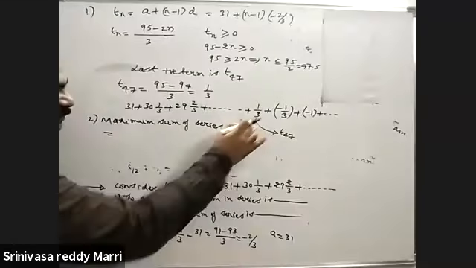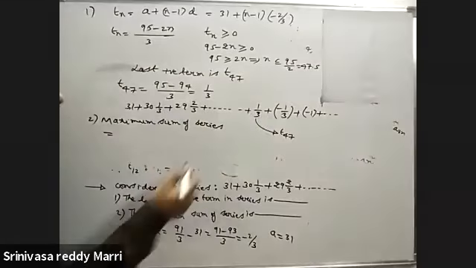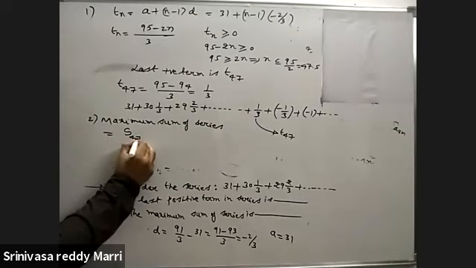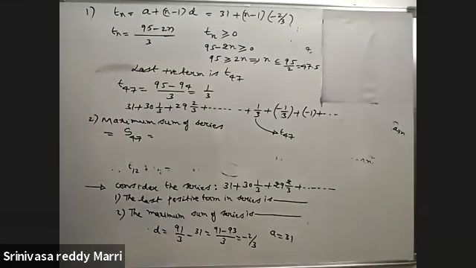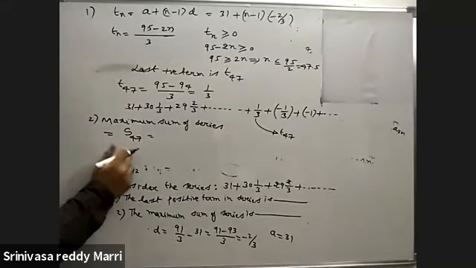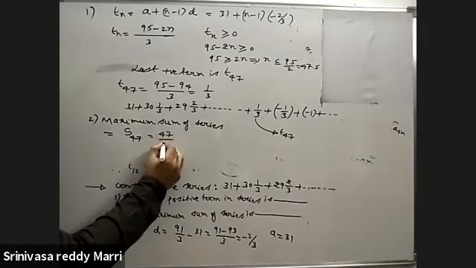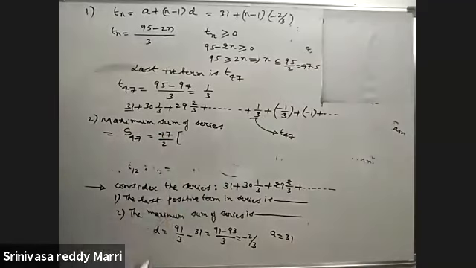So these are negative. That means the maximum sum is nothing but from here to here. That means the last positive term is what? The 47th term. From here to here, if you add, you will get the maximum. That means the sum of the first 47 terms will be the maximum value. The sum of the first 47 terms is 47 by 2 into the first term and last term you know.